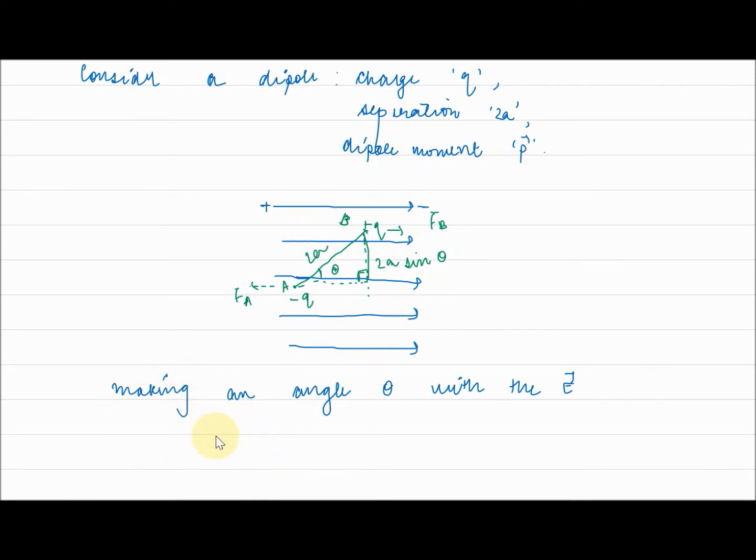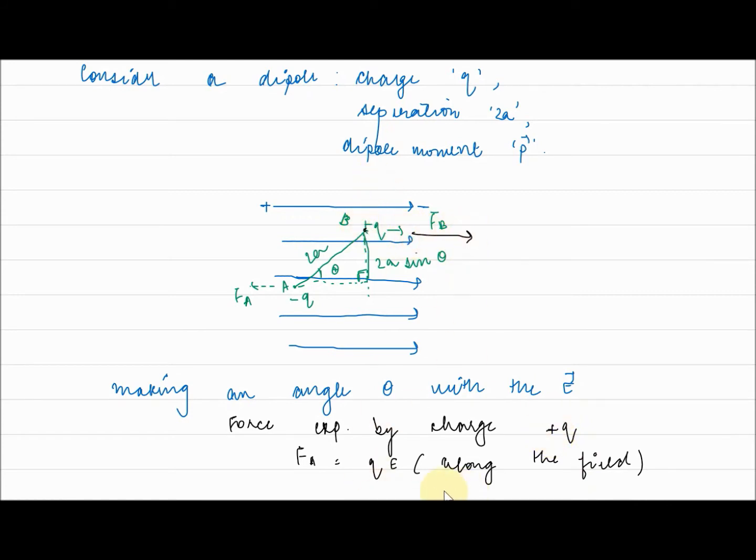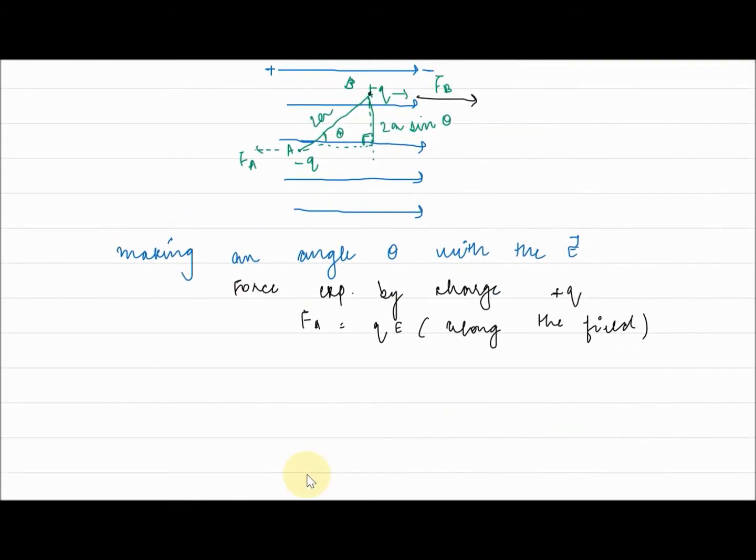Now, the force experienced by charge plus q, that is this charge, is directed along the field, and it is equal to qE. The force experienced by charge minus q, that is this, is against the electric field.